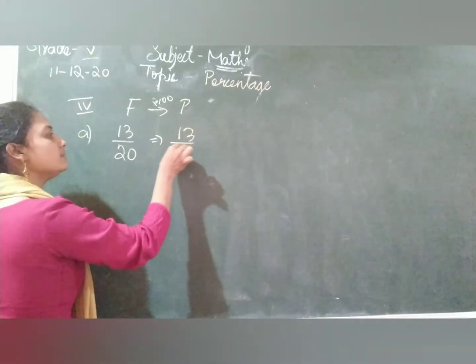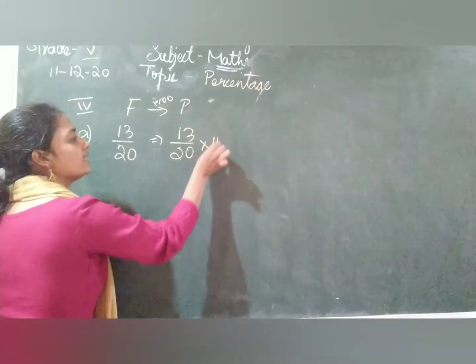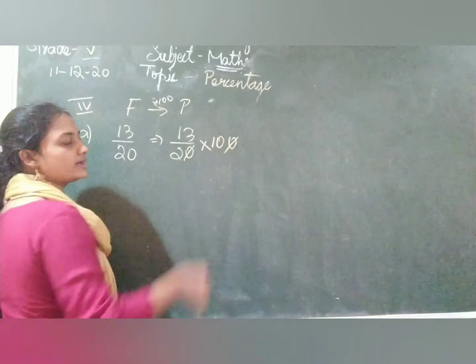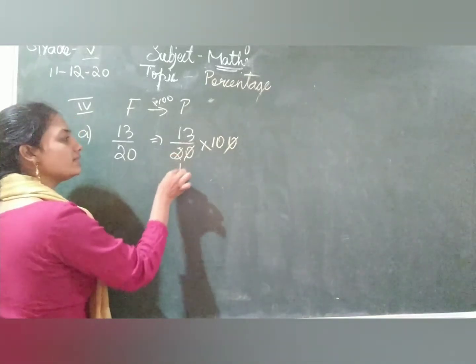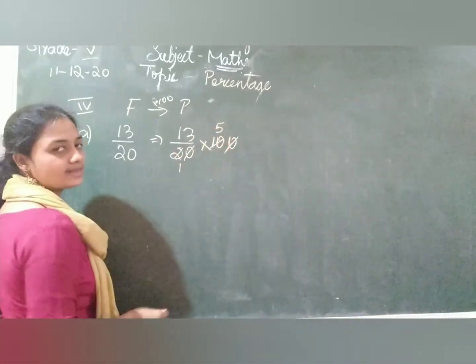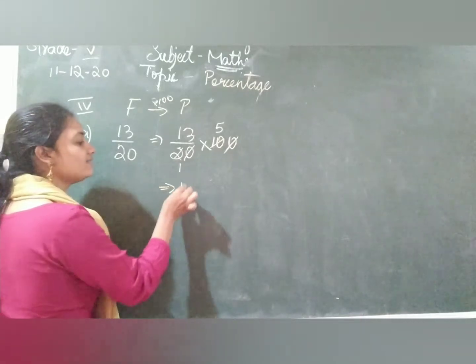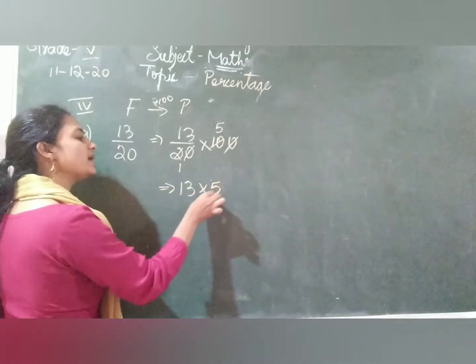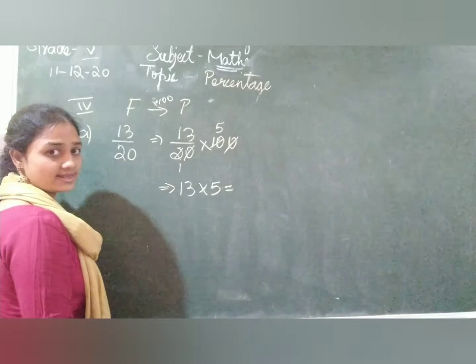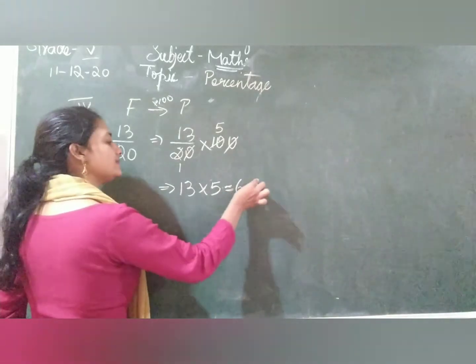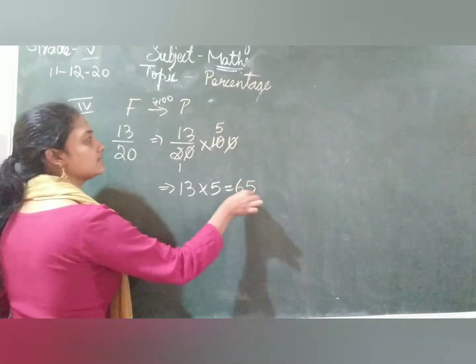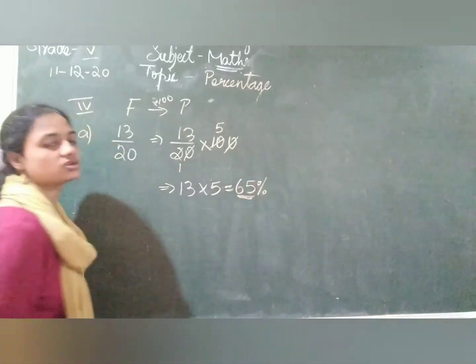So 13 by 20 into 100. 0, 0 get cancelled. 2 1s are 2, 2 5s are 10. So I have 13 into 5. What is 13 5s? It is 65. This is my percentage.